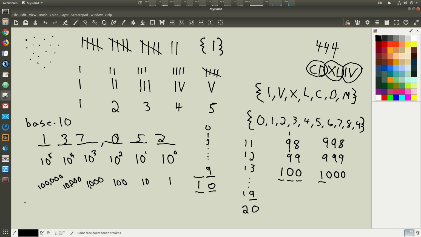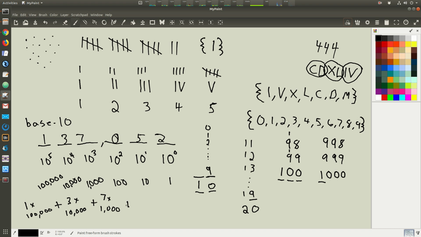That's saying we have 1 times 100,000. We have 100,000, and then we're going to add to that 3 times 10,000 because we have 3 10,000 items. We have a 3 in the 10,000s place, and then we're going to add to that 7 times 1,000.